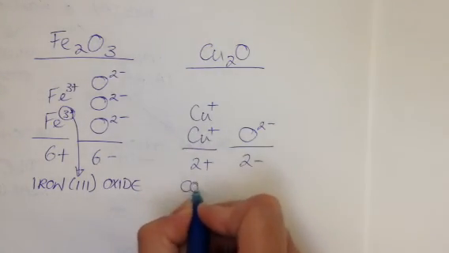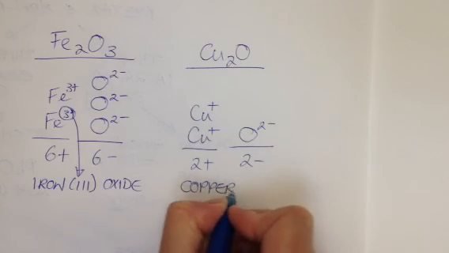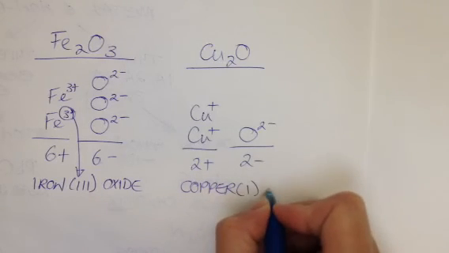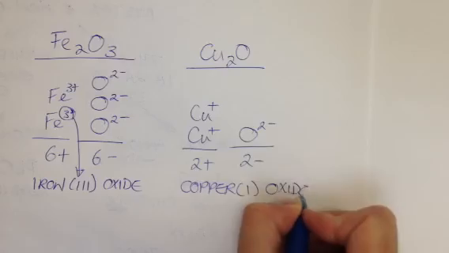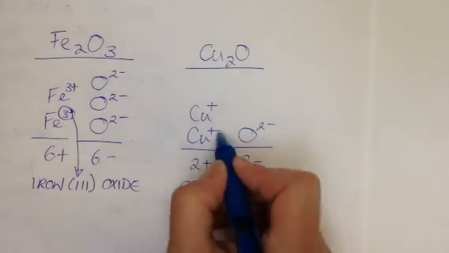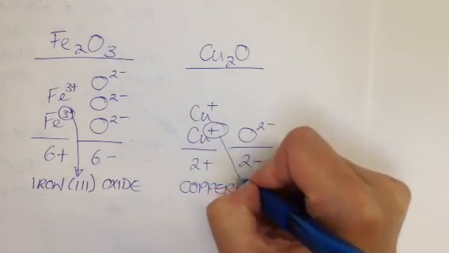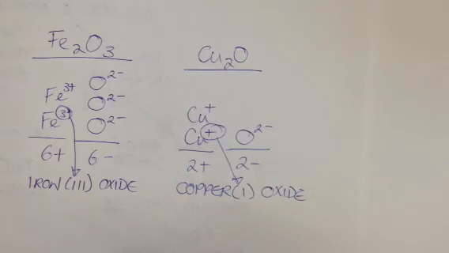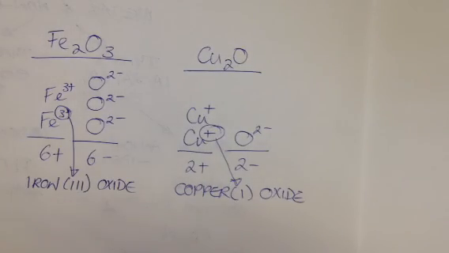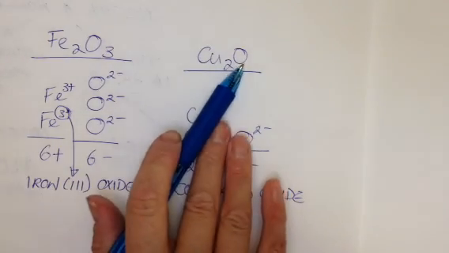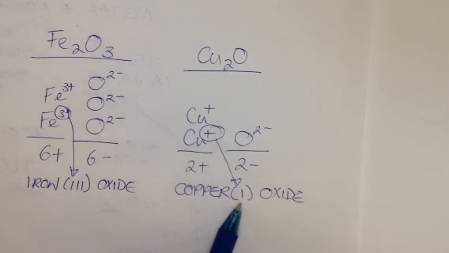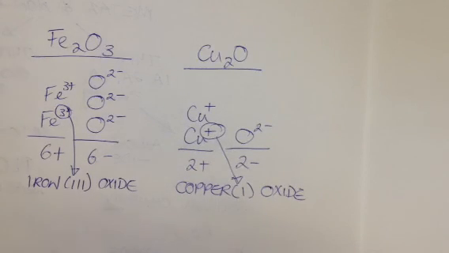So that means that the name of this compound is copper(I) oxide, because the charge on the copper is 1+. Remember, in chemistry, usually the 1 is implied. We don't write a subscript 1, but in this particular case, when you have a type 2 ionic compound, you must include the 1 in the name. Otherwise, the reader won't know which copper you're talking about.